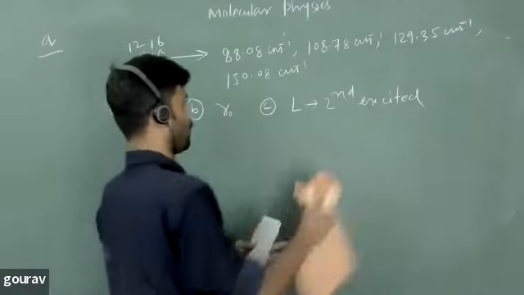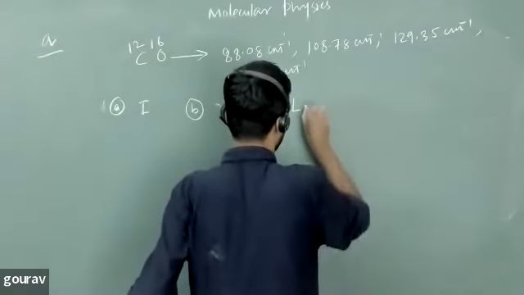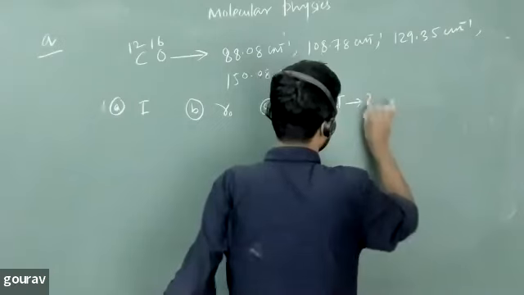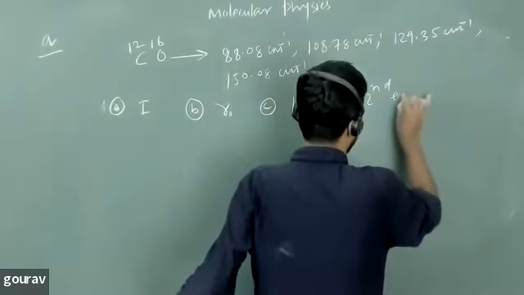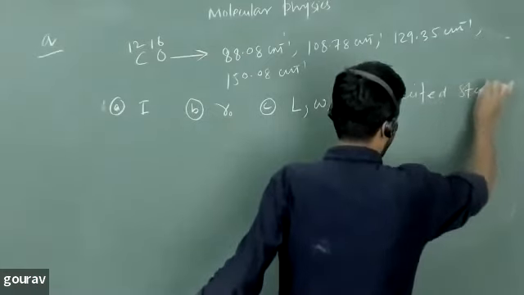Let me modify it: angular momentum L, frequency omega, and time period T for the second excited state. That you have to calculate.